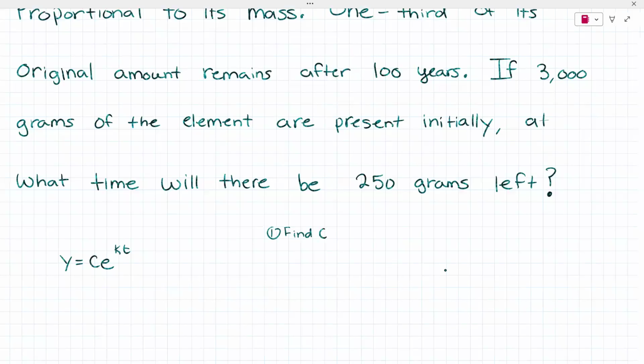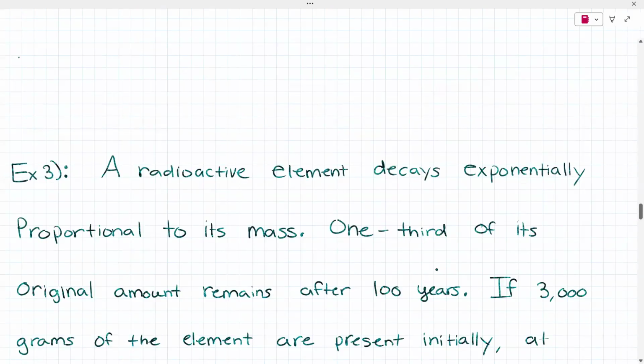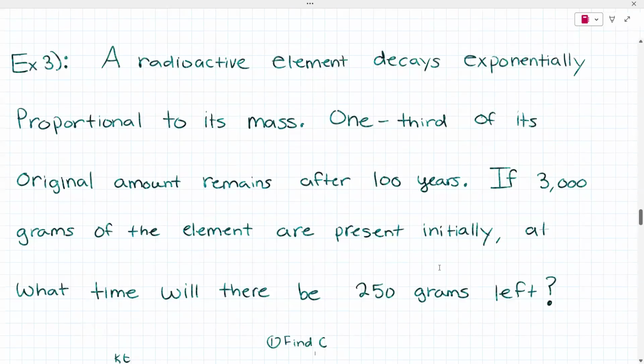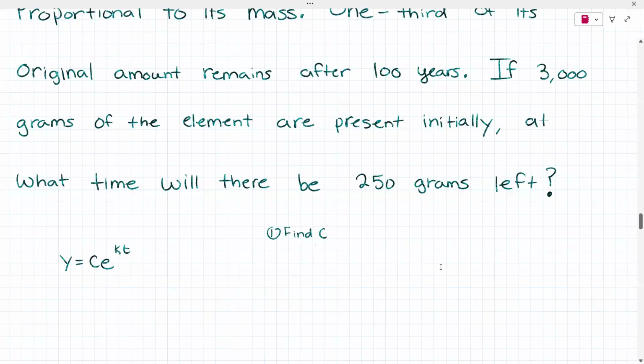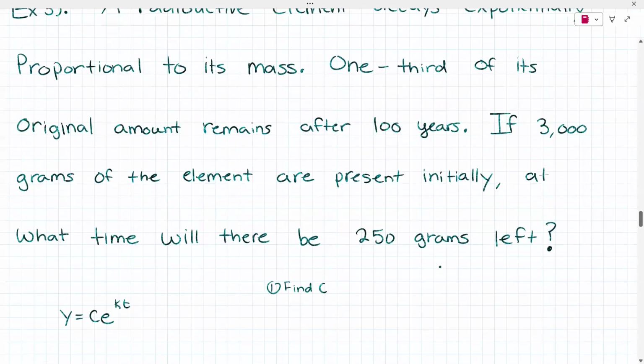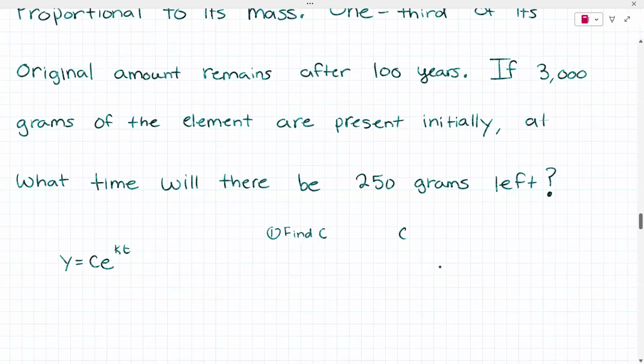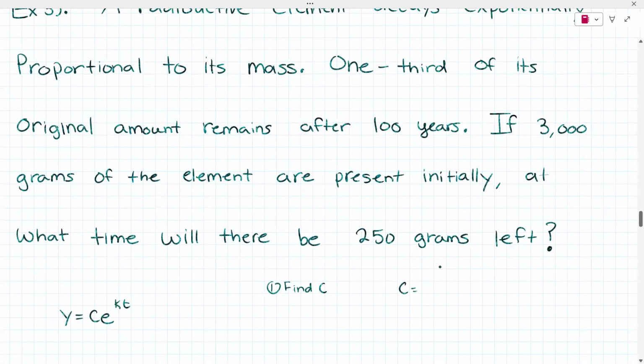Step one, find C when your initial condition is, if 3,000 grams of the element are present initially, so you don't even have to plug it in. If they say initially, that is your C value. So your C value is 3,000.